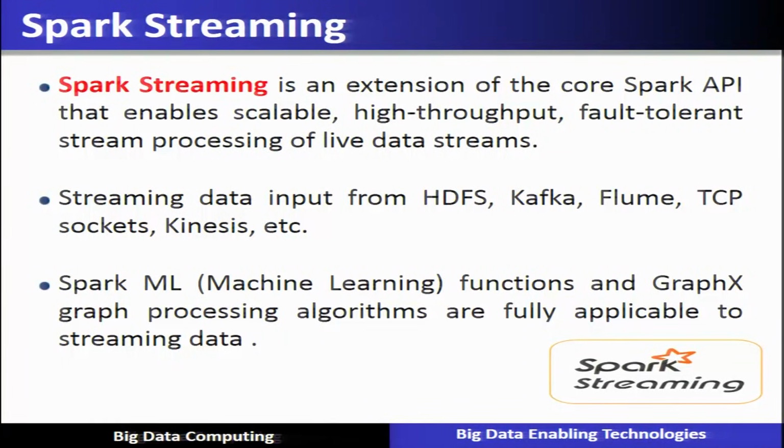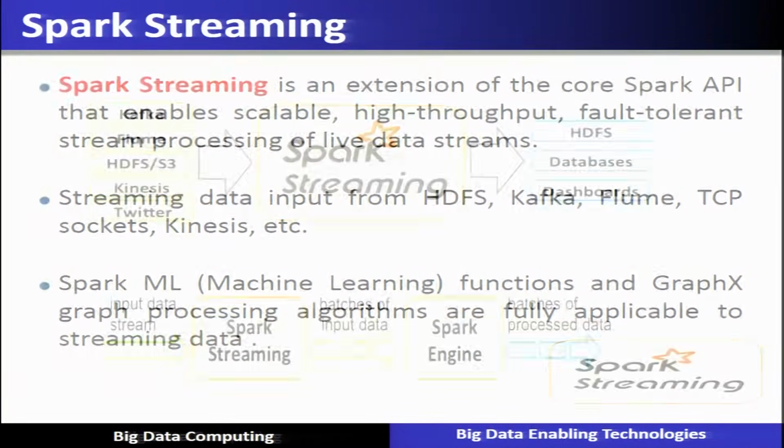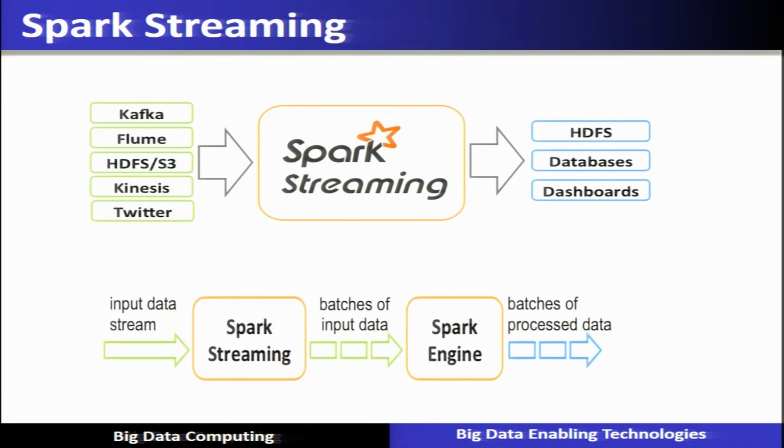This is taken up in this system for computation, and Spark MLlib functions and GraphX are fully compatible with the streaming data for computation. This diagram explains the entire computation of stream processing. At the core you can see there is Spark Streaming, and the data in the form of a stream enters the Spark Streaming system, captured using Kafka, Flume, HDFS, Kinesis, and Twitter.